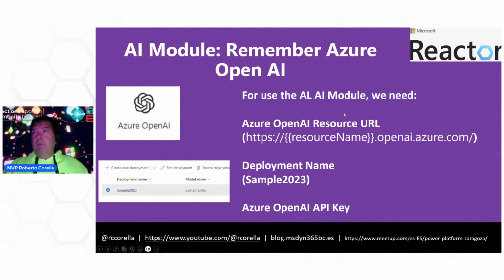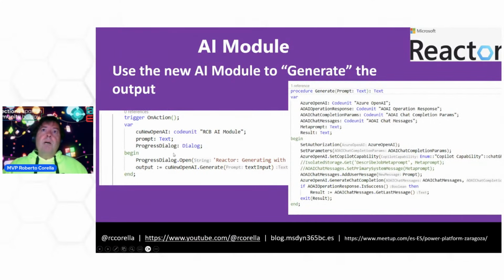Okay, with this information, I can use the option for generate. I only need to pass this information. We have a function, and in this function, generate the prompt.